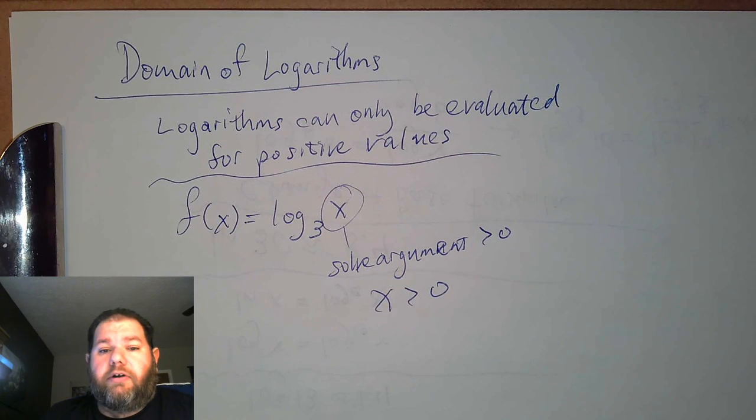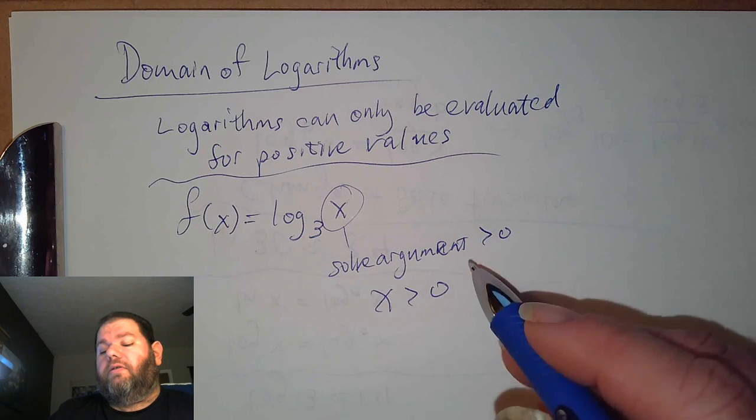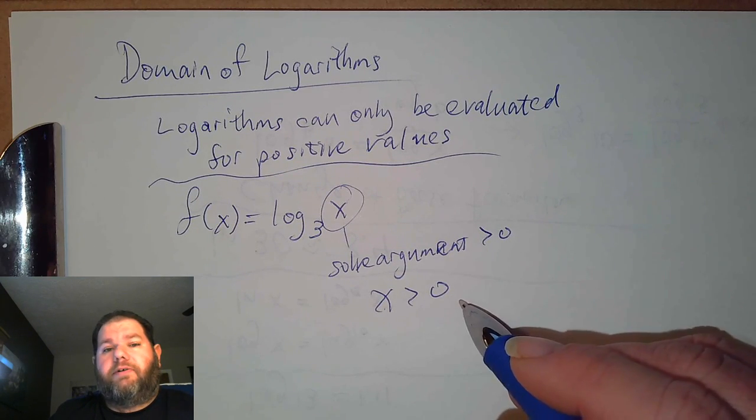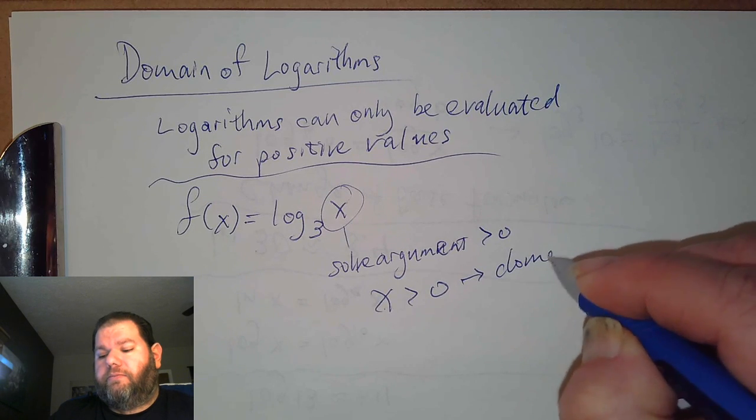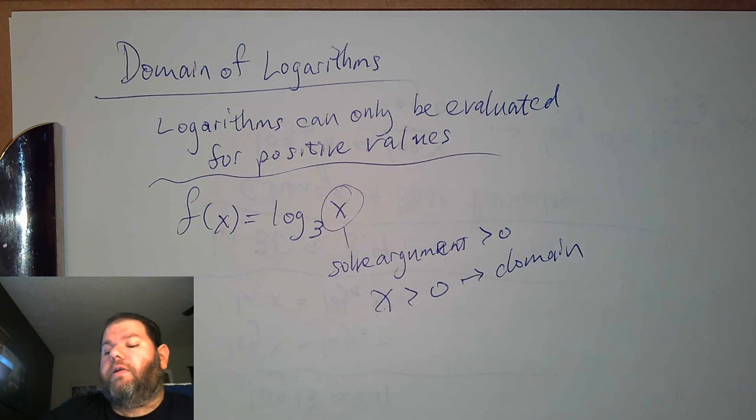In this case, our argument is just the variable x. So we set x greater than 0. That's our domain right there. So we can only plug in positive numbers into this particular function and have them come out to be defined in real values.